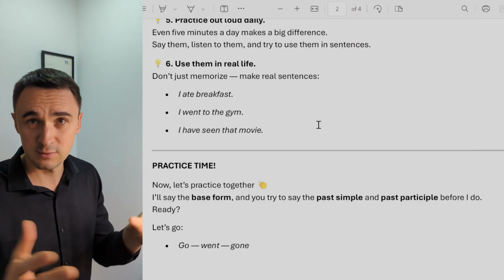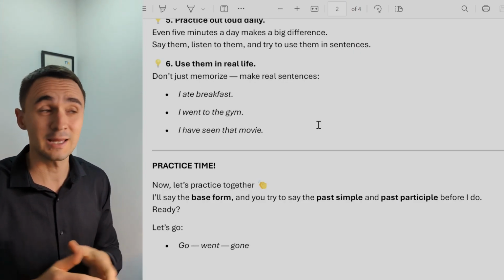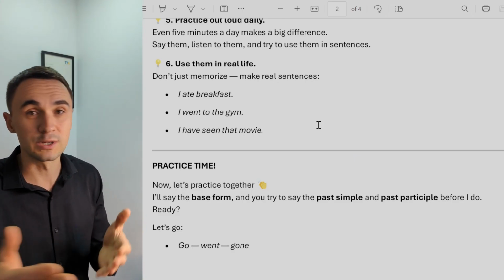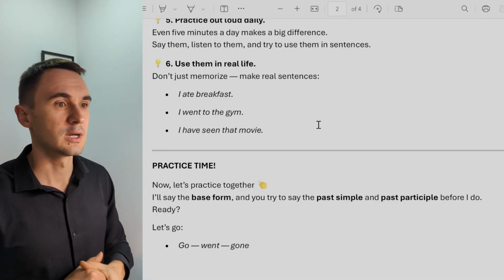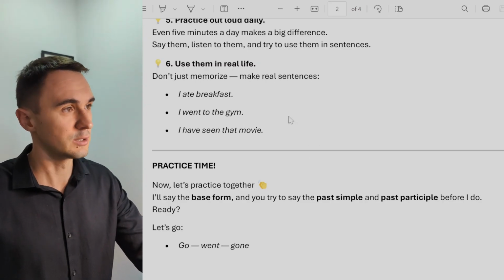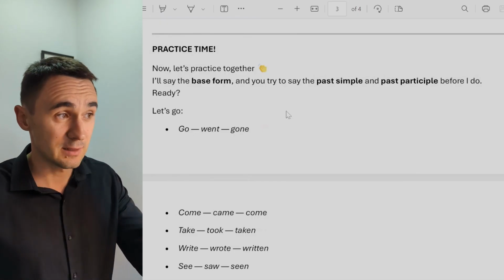I write emails often at work. Wrote: I wrote an email yesterday. And written: I don't know how this word is written, or how this sentence is written. Another usage: I've written something, yeah? Okay, so use them in real life. Practice makes perfect, right?